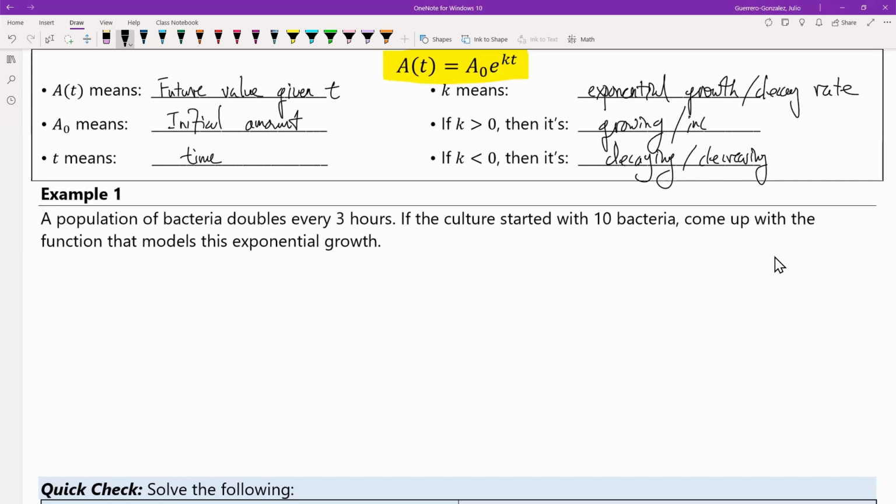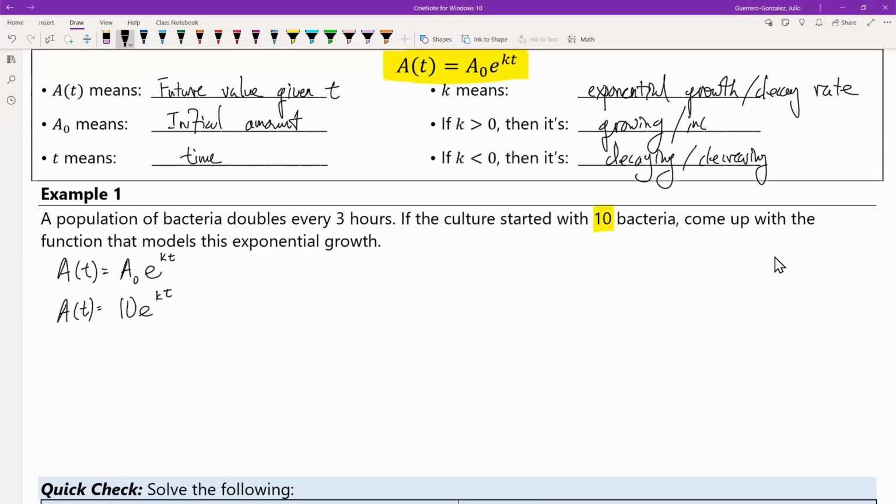Automatically we know our function is going to be A sub t equals A naught e to the kt. From the statement, we know we're starting with 10, so A sub t equals 10 e to the kt.